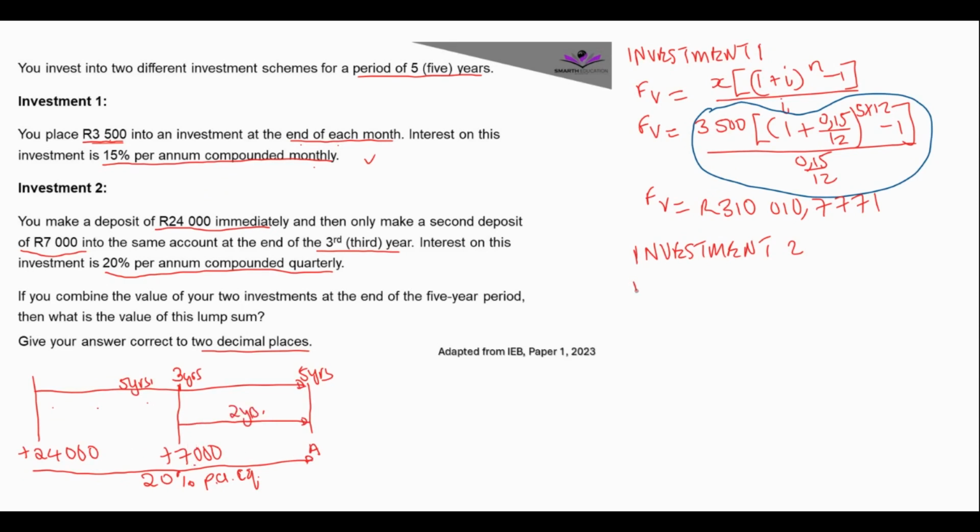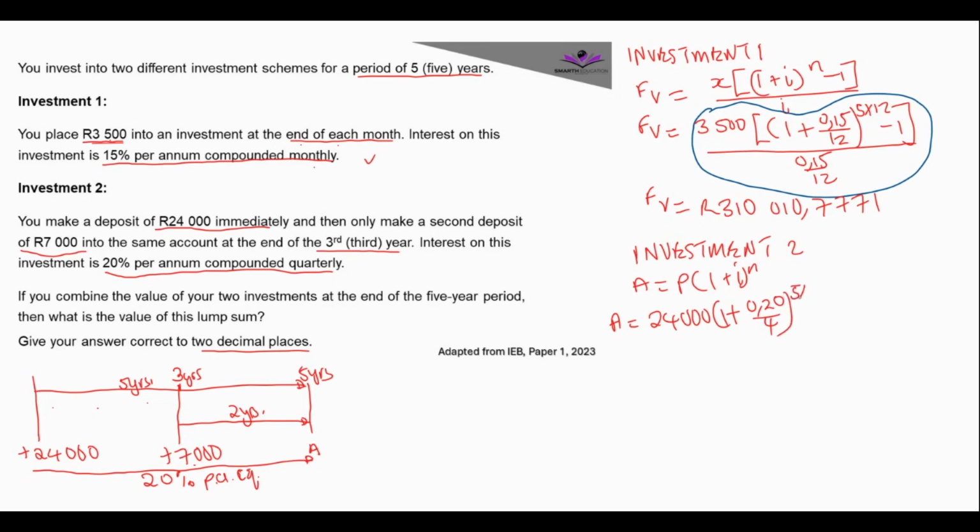We're using our formula A is equal to P times 1 plus i to the power n. So we have A, which is the 24,000, and then 1 plus the interest rate, which is 20% per annum compounded quarterly. So it's 0.20 divided by 4 because compounded quarterly, for 5 years.